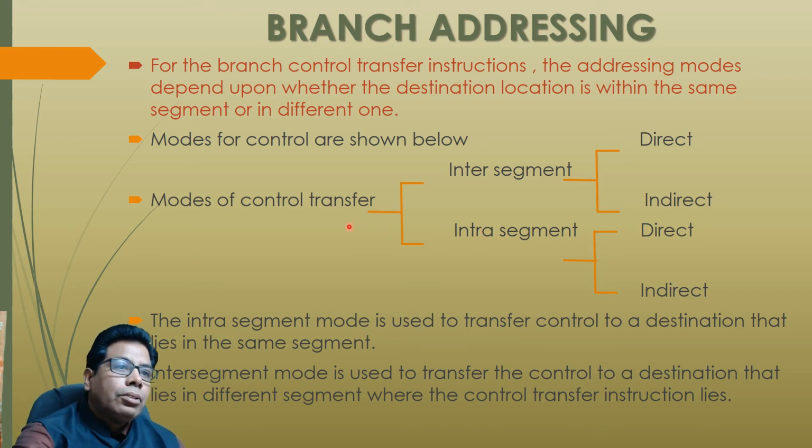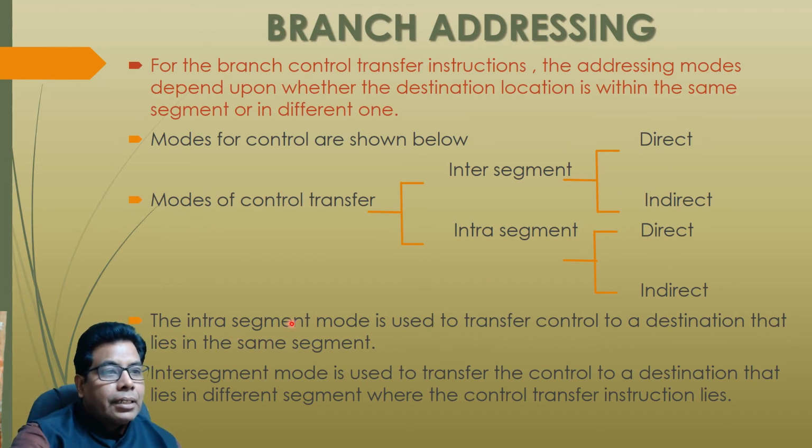So here the modes of control transfer are separated into intersegment and intrasegment. And again the intrasegment is divided into direct and indirect, that is intrasegment direct, intrasegment indirect. Here again it is intersegment indirect, intersegment direct.